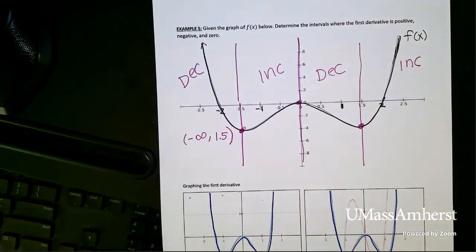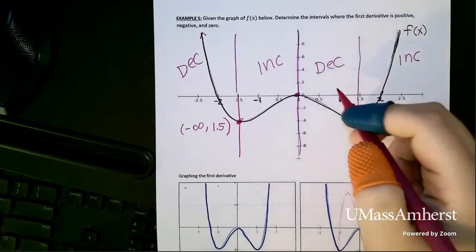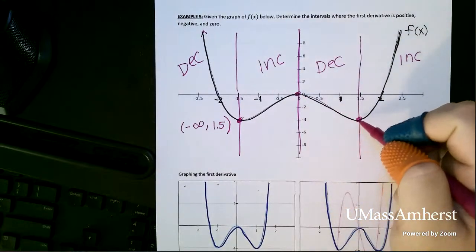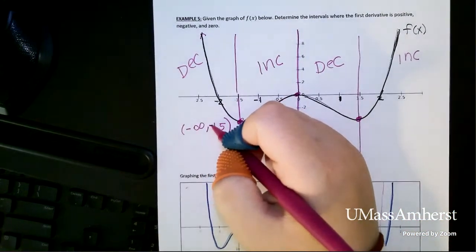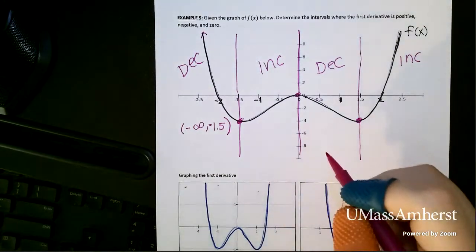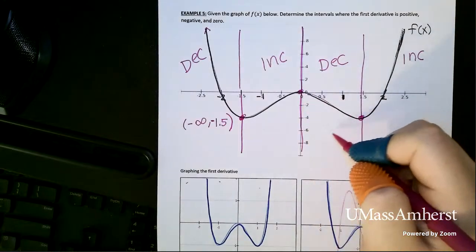I'm going to jump to the other decreasing interval, and then we'll do the increasing after. So here, decreasing, it starts at 0 and it, oh, you guys, that should have been negative 1.5. Sorry about that. For my other decreasing interval, I'm going between 0 and positive 1.5.